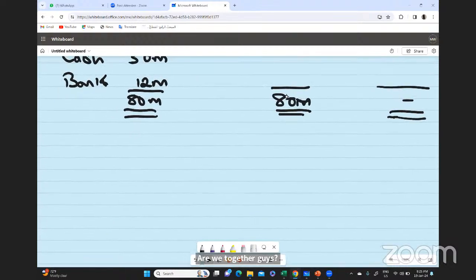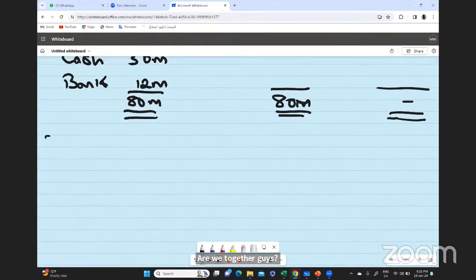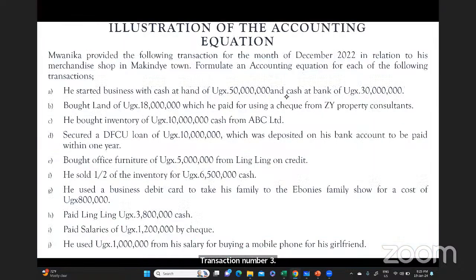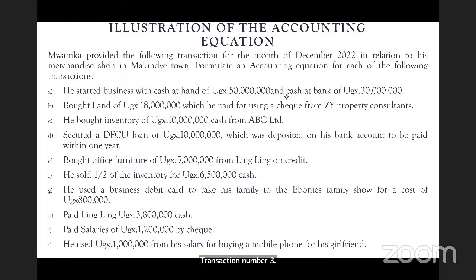Transaction number 3. What is it saying? He bought inventory of 10 million cash from ABC Limited.